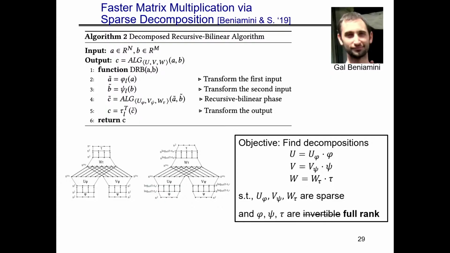It doesn't have to be square. It can be rectangular. And so this opens the search space. I'm not sure that this answers your question, so let's take it offline.